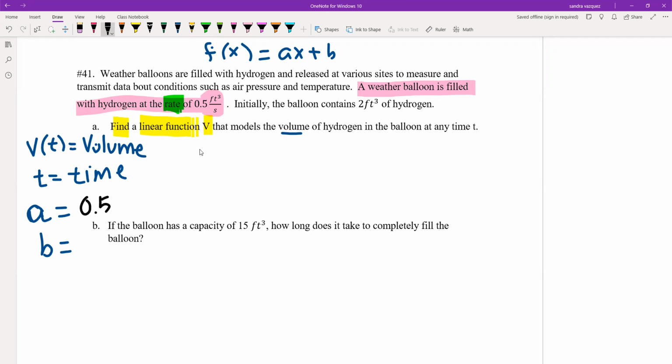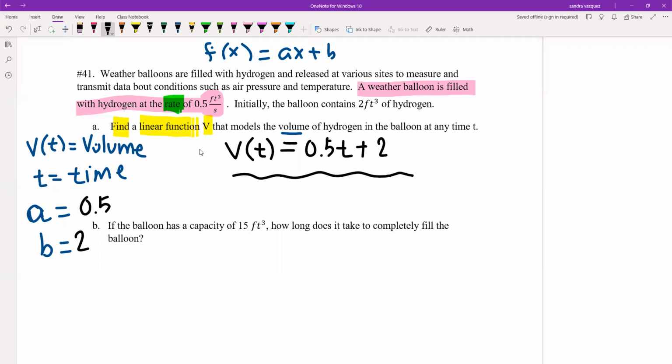Now, initially the balloon contains 2 feet cubed of hydrogen. That's your B. I am ready to put it into that form. So it will be V of t equals 0.5t plus 2. That's it.